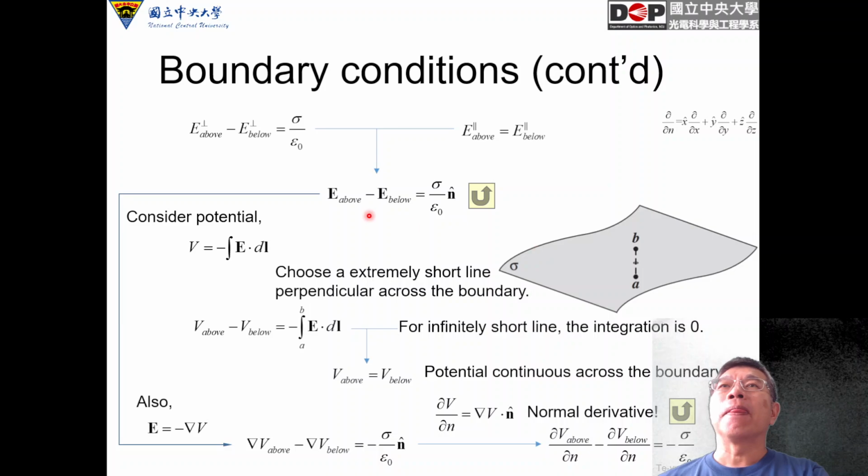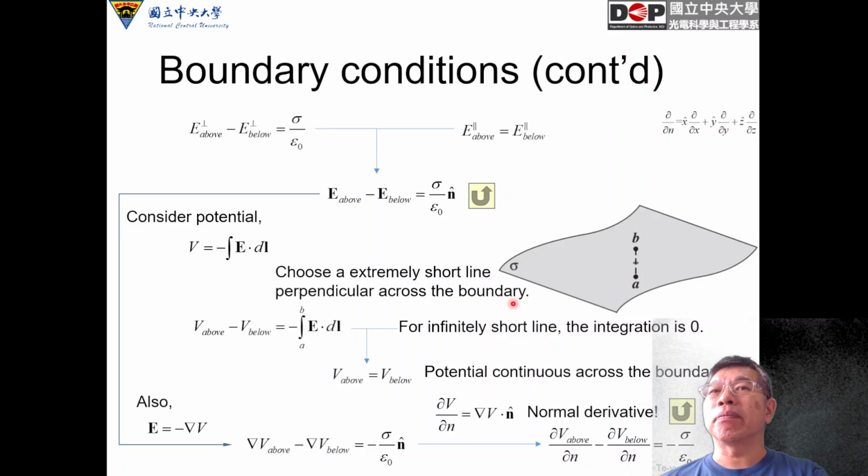With these two boundary conditions, one considering the electric field perpendicular to the surface and one parallel to the surface, we write things down like this. That's the more general vector form of the boundary condition. Now consider the potential. We take the path integral, choosing an extremely short line perpendicular across the boundary.